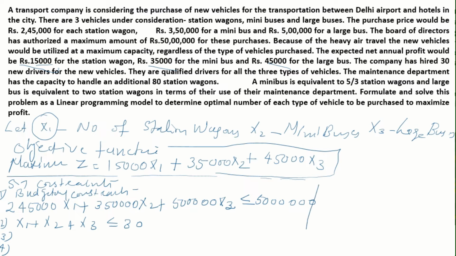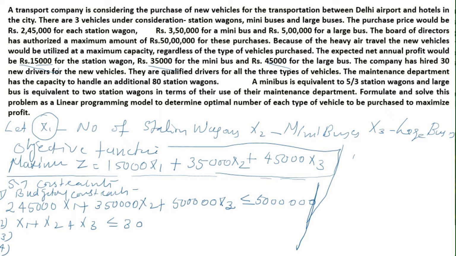So the maintenance constraint we need to calculate like this. Total 80 station wagons can be serviced in their facility. So there is one facility in total, and 80 station wagons can be serviced.